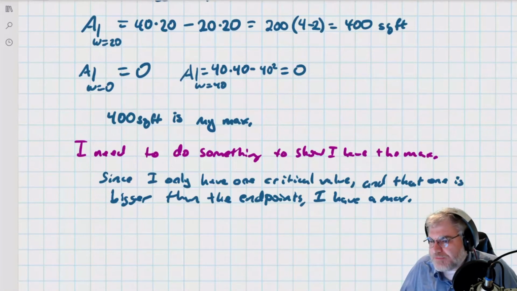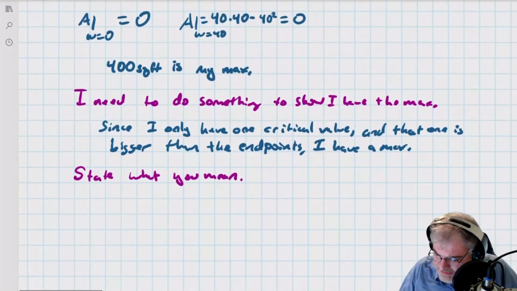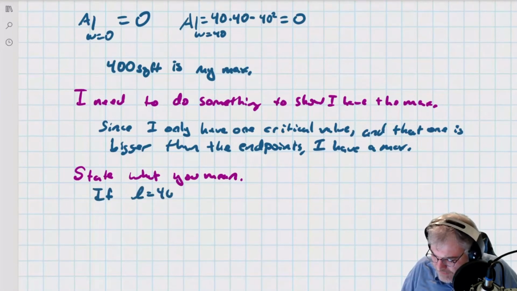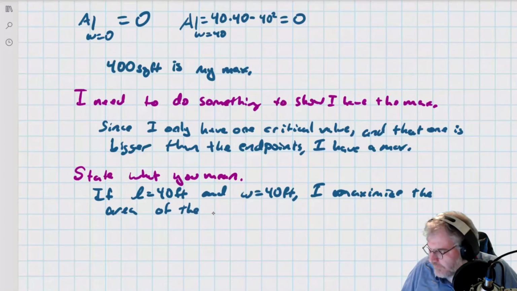And then I do the same thing that I did when I had the related rates problems. Then, like the related rates problems, state what you mean. So, what I mean is that if L equals 20 feet and W equals 20 feet, I maximize the area of the fenced-in area.